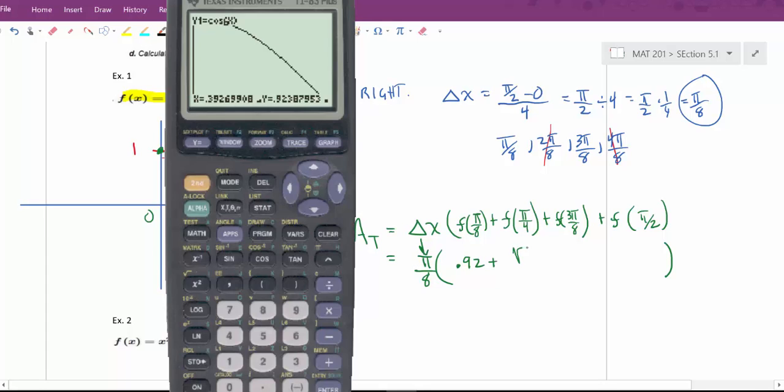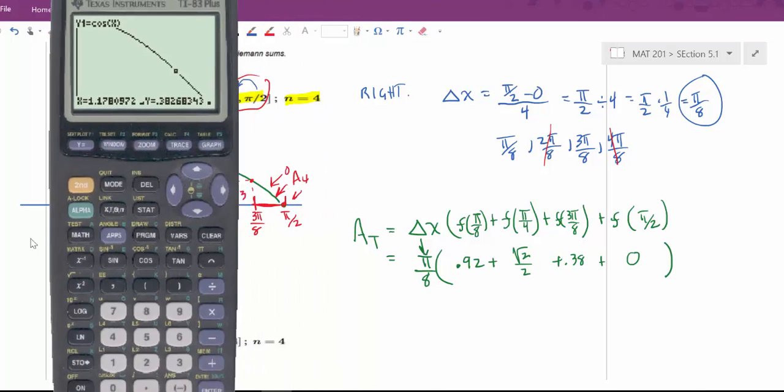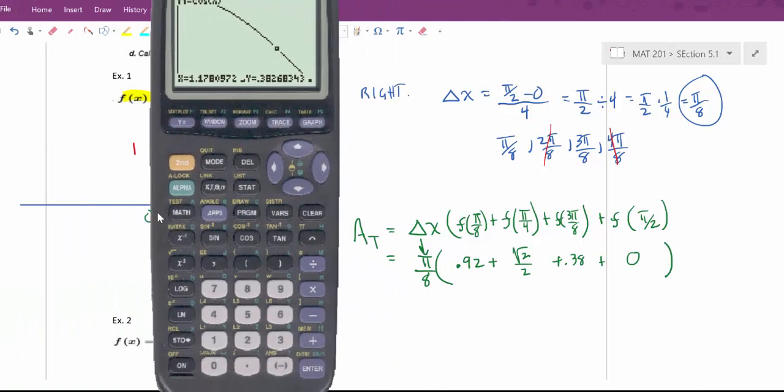I'll put that on there, too, but we'll end up rounding it anyway. All right, then we're going to go 3 pi over 8, which is going to be 0.38. And then how about the cosine of pi over 2? We said that's 0, right? Okay, so pi over 2 cosine 0.